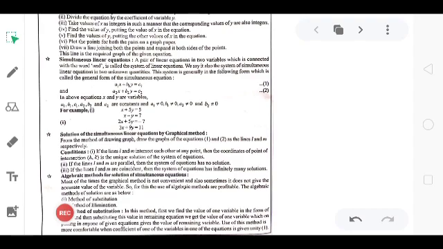Third condition, the lines may be coincident, then the system of equations has infinitely many solutions, because you will find only one line from the two equations, as they coincide with each other.